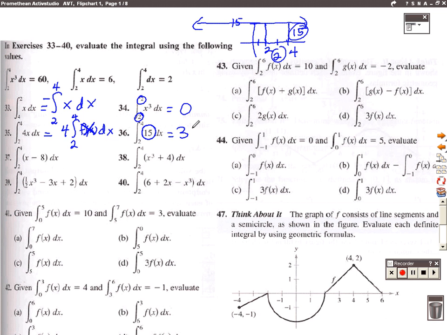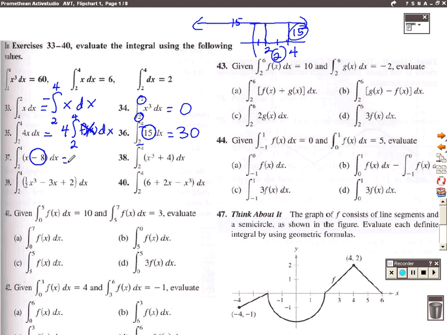So it's not really technically a property, but when you have that constant, you have to recognize that the 15 is telling you the height of your rectangle, and the 2 and the 4 are telling you the width of your rectangle. In number 37, we're going from 2 to 4 of x minus 8. Remember that this would be a horizontal shift, and it's telling you to subtract 8 from every x value.